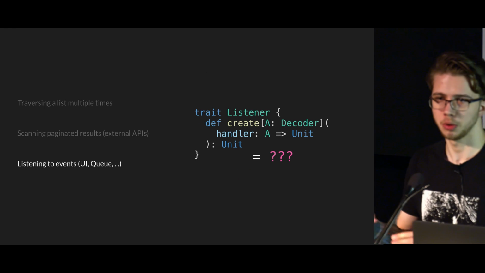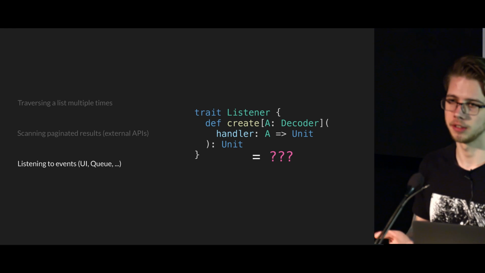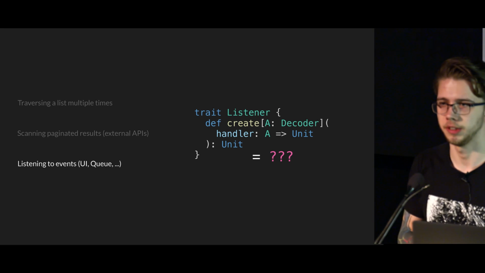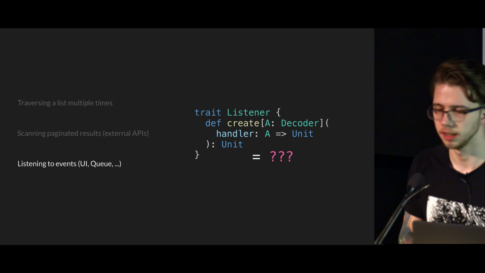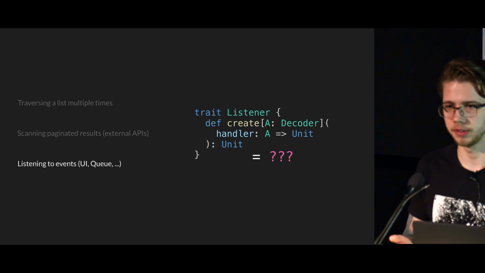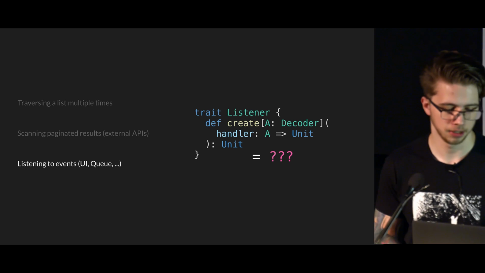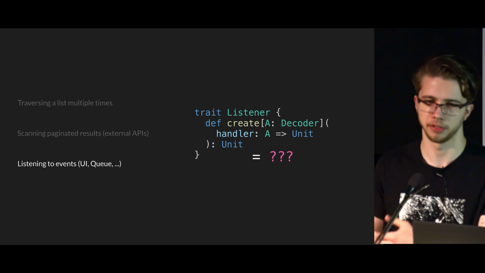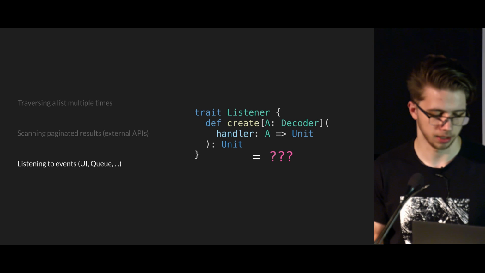And then there's something completely different, listening to events coming from a queue or a UI in like Scala.js or something like that. You might be listening to events and reacting to them in a certain way. That also sort of represents a continuous source of data that you need to handle.